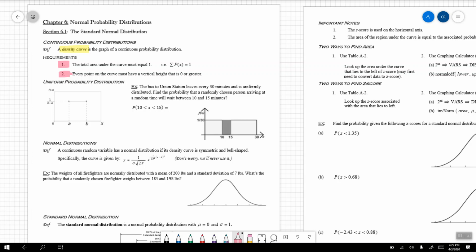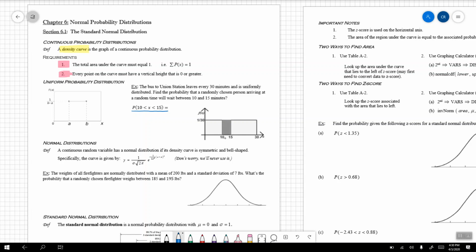All right, so the probability notation is given here. We want to find the probability that some random person, that means some random x value, will be waiting between 10 and 15 minutes. Now, we say that the bus leaves every 30 minutes, which means the height of the density curve should be 1 out of 30.